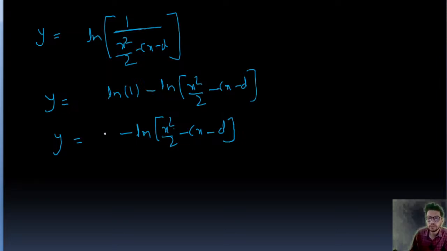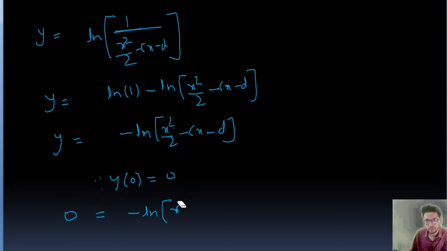Now we'll put the boundary condition for getting values of constants a, b, c and d. Okay, so first boundary condition we have been given, y0 equal to 0, means x equal to 0 and y equal to 0. So this means 0 is going to be minus ln, x square is 0, right?